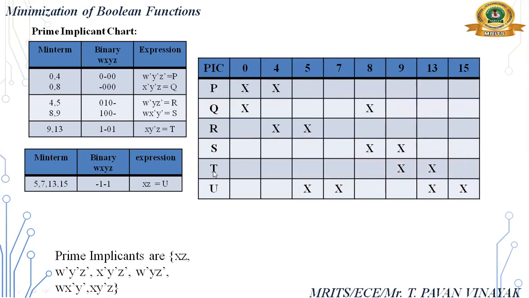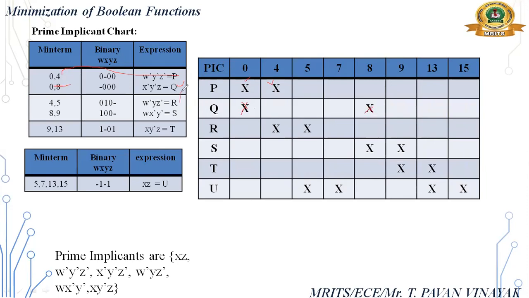First, consider P. P is obtained from minterms 0 and 4, so I am placing an X mark at 0 and 4. Next Q. Q is obtained from 0 and 8, so placing X marks at 0 and 8.